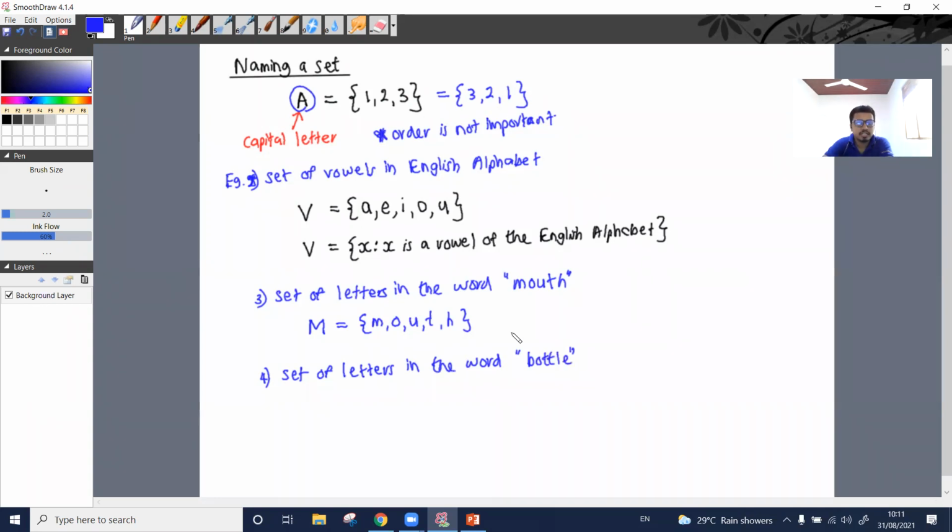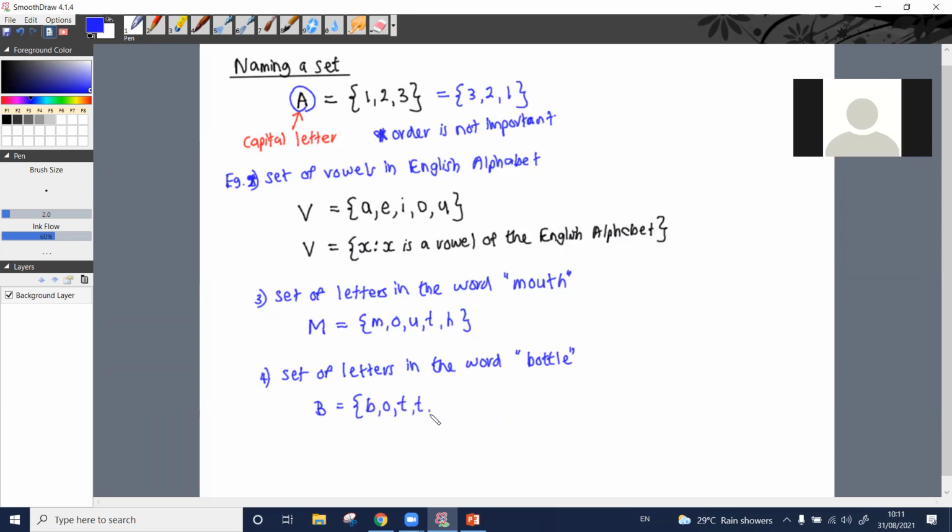So how can we write this set? Let's name this set as B. Capital B equals what? What should be the elements here? B, O, T, T, L, E.